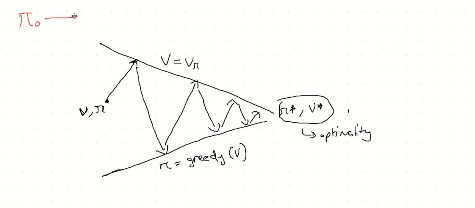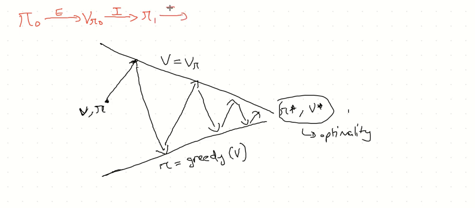You need to evaluate this policy, which we'll denote with E, and then you'll have a value function for that policy, which we denote as v pi 0. Then once you have v pi 0, you want to make this policy greedy with respect to this value function, which is what we call policy improvement. And after doing that, we end up with a new policy pi 1.